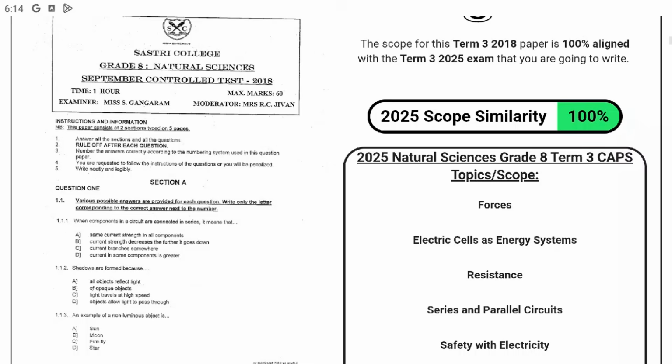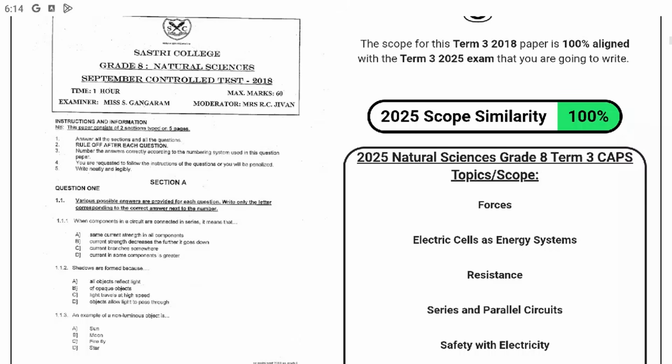you may ask yourself whether this 2018 question paper is going to help you answer the 2025 term 3 exam? Well, the answer is yes, because the scope that was used to set this 2018 question paper is the same scope that is going to be used to set the term 3 2025 exam that you guys are going to write, right?